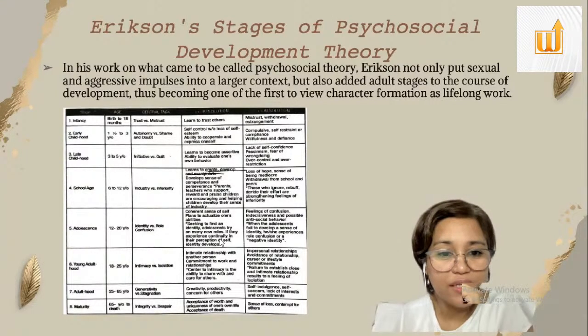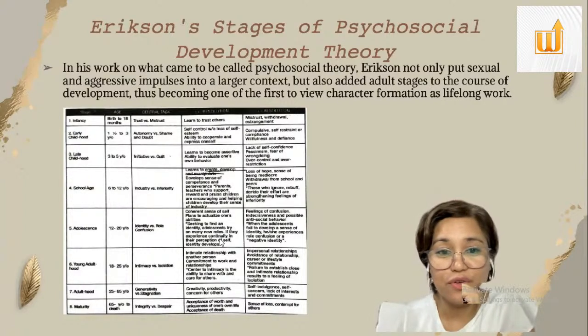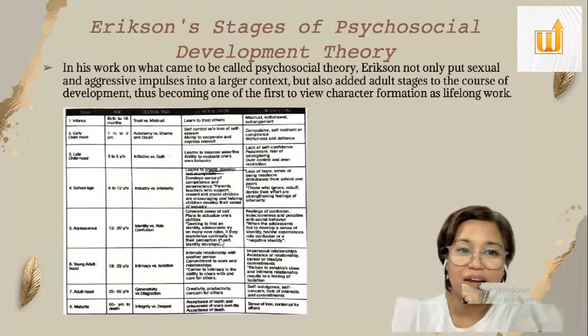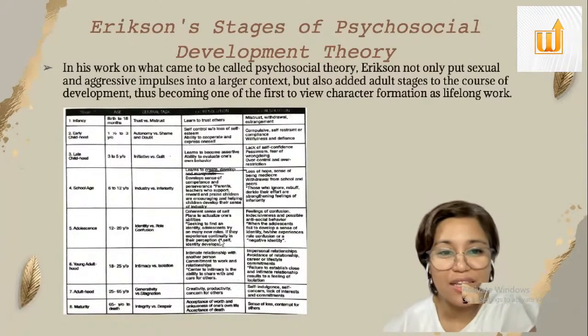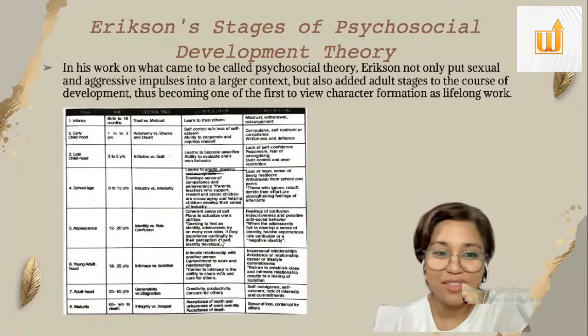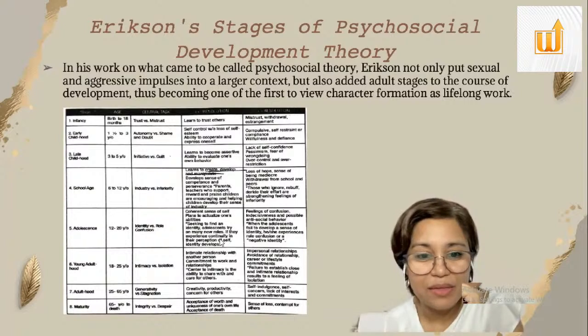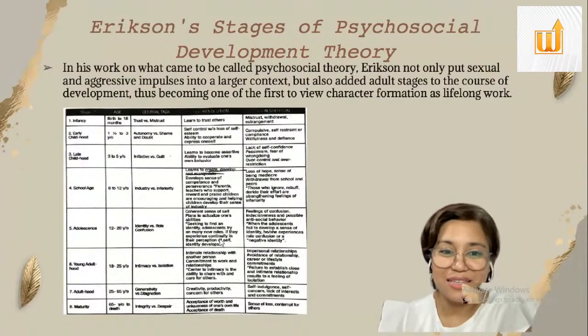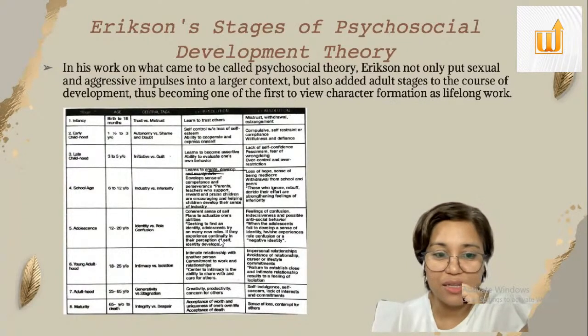And then at adolescence, we have the issue of identity versus role confusion. As we have mentioned earlier, they're not kids anymore. They're not children, but they are not yet adults. And so the identity crisis begins at this early stage of adolescence.